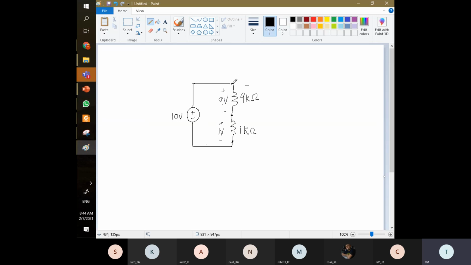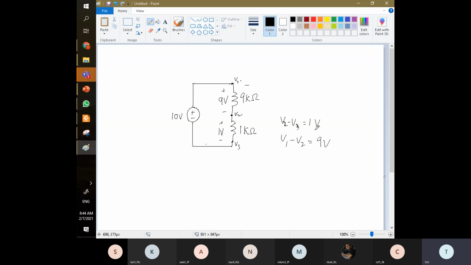Okay, so if you name this one V1, this one V2, this one V3. So V3 minus V2, you get 1 volt only. V1 minus V2, you get 9 volts.